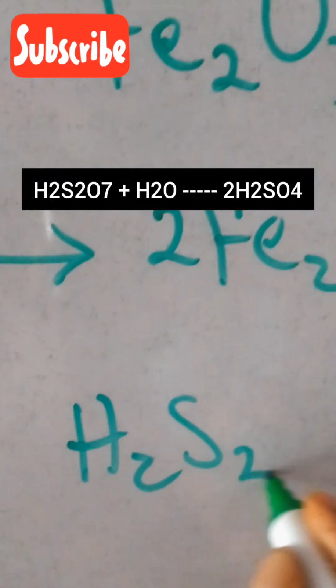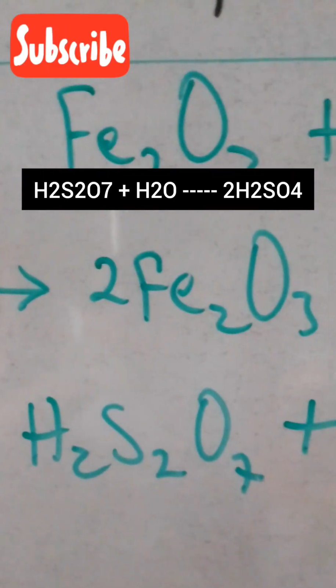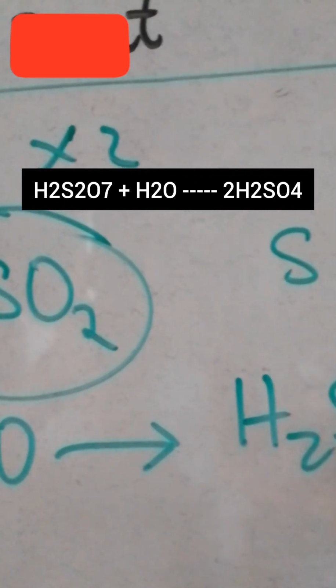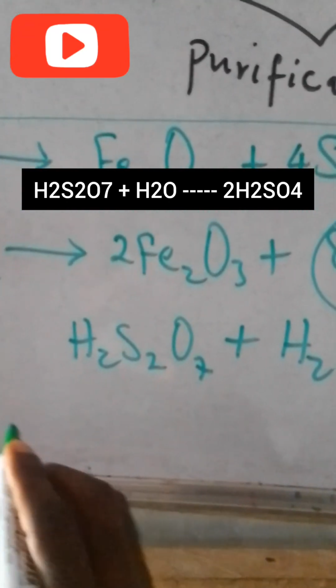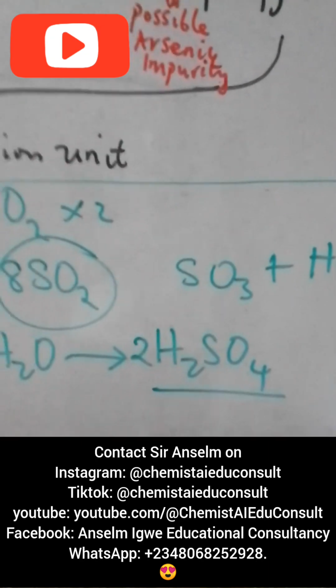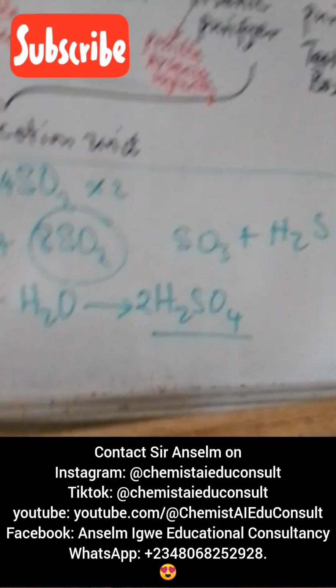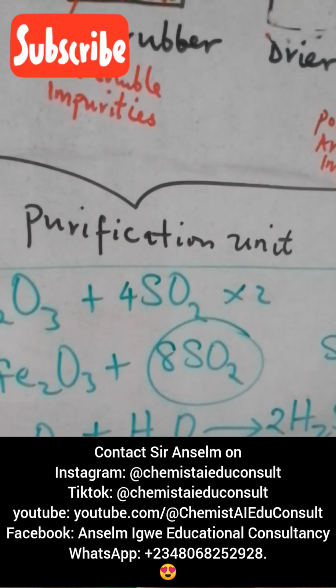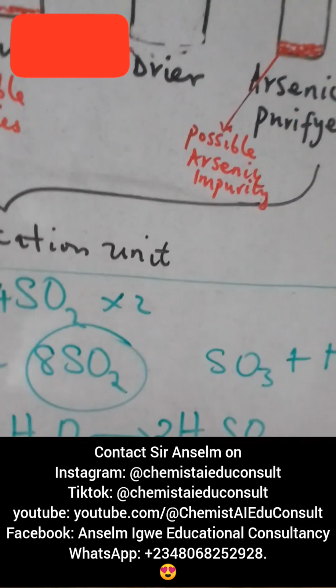And the equation is oleum, H2S2O7, plus water to afford H2SO4. To balance the equation, hydrogen is 4 here, so you write 2 here to balance it. And this is the target product, tetraoxosulphate 6 acid, produced when oleum dissolves in an appropriate quantity of water.